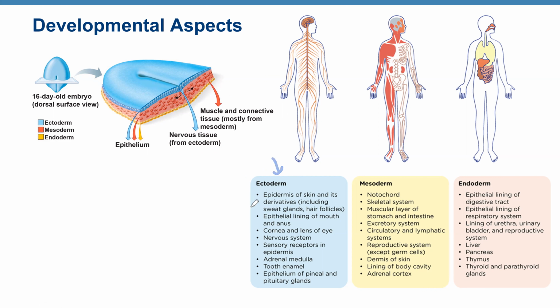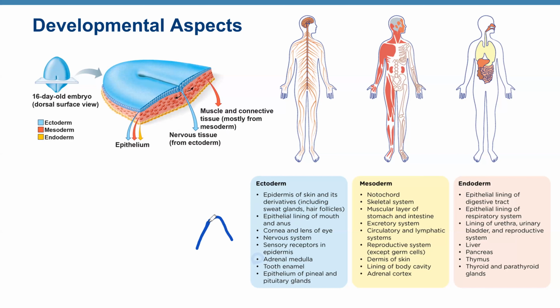So ectoderm forms the epidermis of skin and its derivatives, including sweat glands and hair follicles, and the epithelial lining of the mouth and anus. So you see that's epithelial tissue: your skin, the superficial part of your skin, the epidermis, and the epithelial lining of your mouth and anus. Also the cornea and lens of the eye, the nervous system, which we already mentioned over here, sensory receptors in the epidermis, and the adrenal medulla.